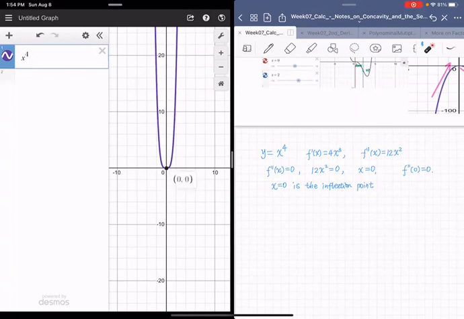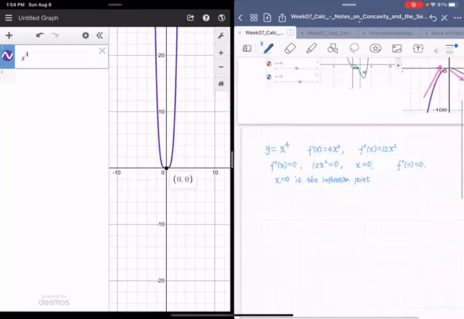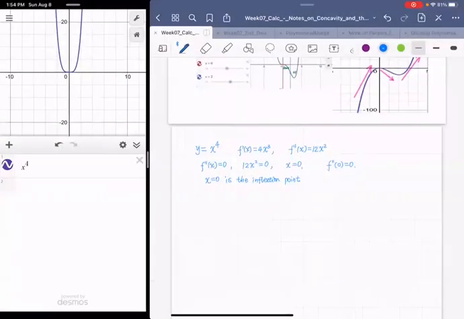This point, by no way, can be called an inflection point, right? Because we can check. If you want to claim this point is the inflection point, you should not miss the other part by checking your second derivative changing sign or not.